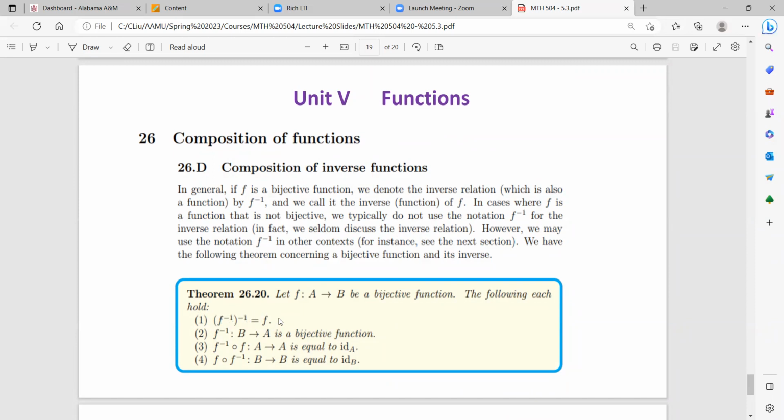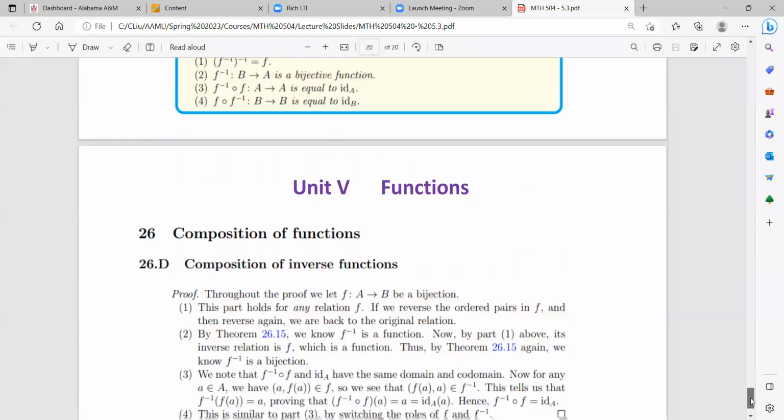Actually, it's true for any relation, even when f is not a function, because when you do the inverse relation, you just switch the order of the pairs. So if you switch twice, then you return to the original order. So that's just f. So you really don't need to prove anything in this case.